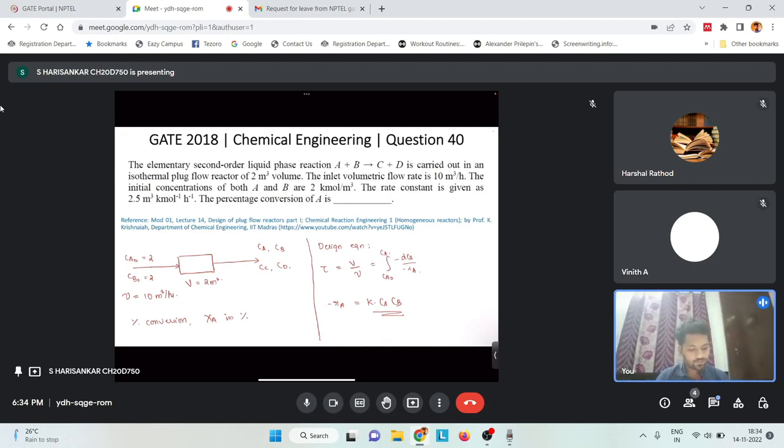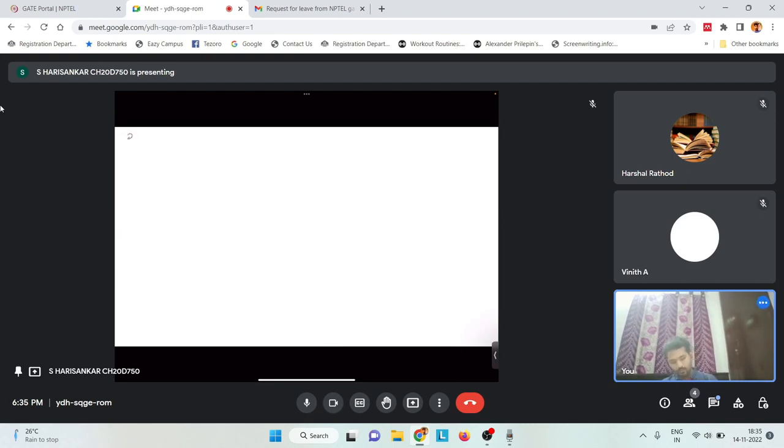We can substitute that in the design equation, and we also have the values for V and nu, which we can substitute. If we rewrite the design equation, it will be 2 by 10 equal to the integral from CA0 to CA of minus dCA by K CA CB.